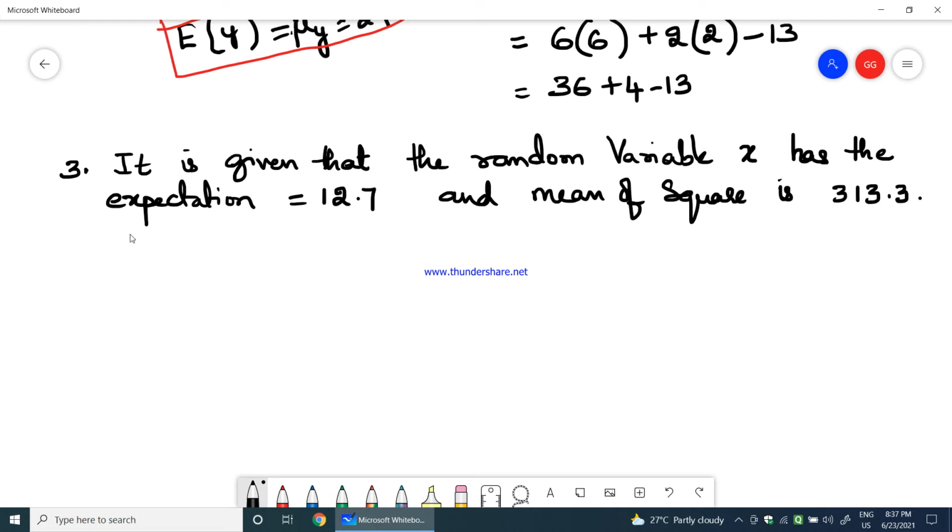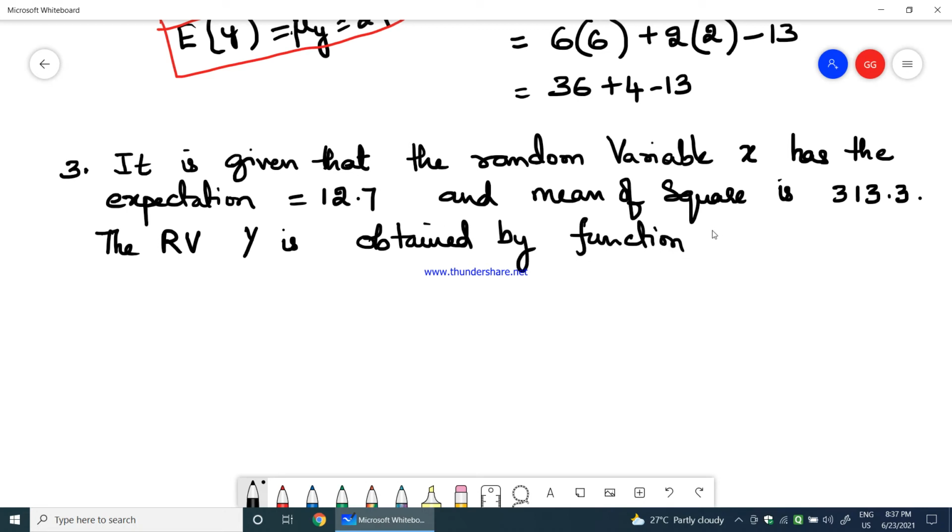The random variable y is obtained by the function y is equal to minus 2.7x plus 16.